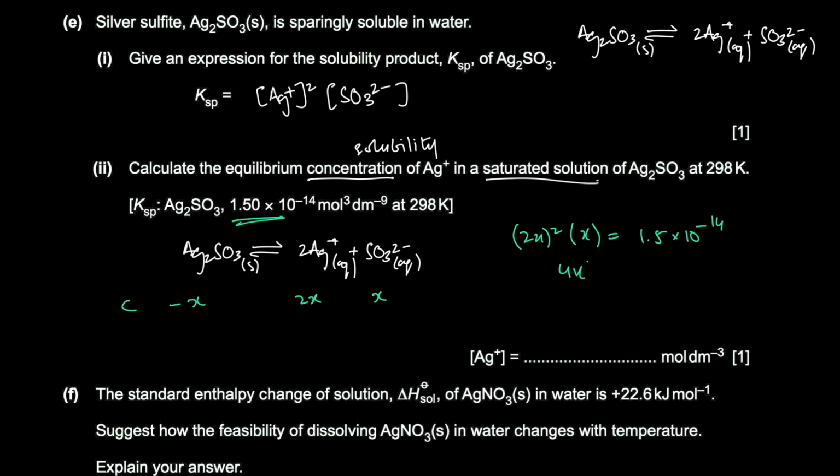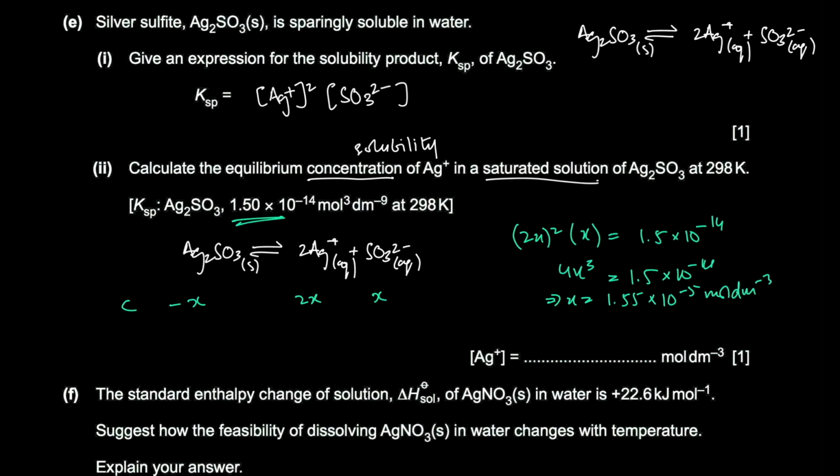So you get 4x cubed is equal to 1.5 into 10 to the power of minus 14. And that gives you x, which is the solubility or the concentration of the saturated solution, as 1.55 into 10 to the power of negative 5 moles per dm cube.